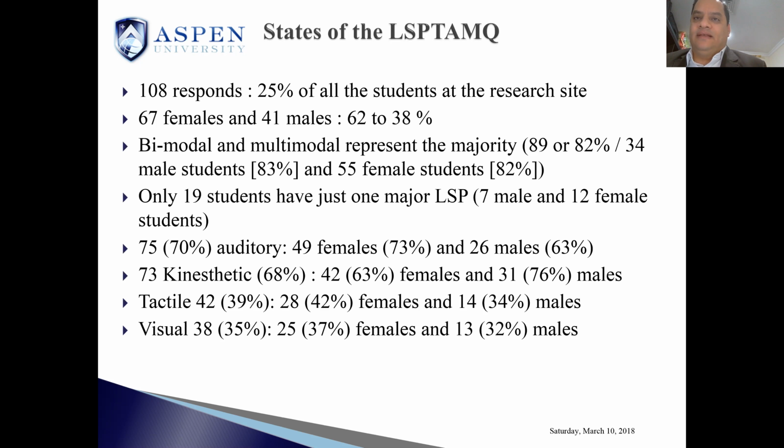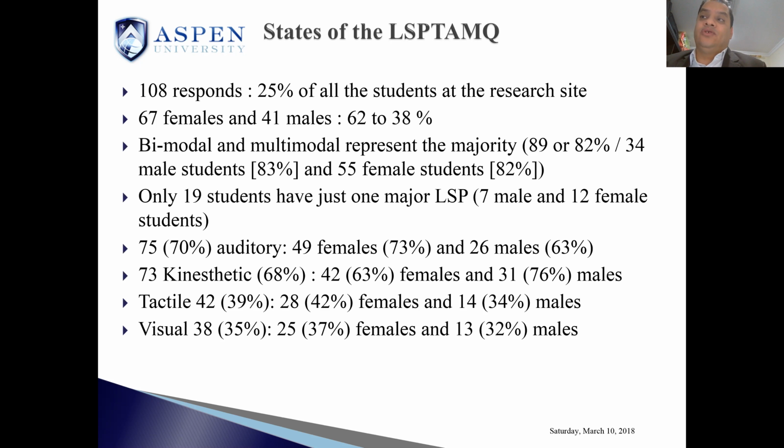and 38% males. As for the bimodal or multimodal students, those who have more than one learning style preference regarding perceptual learning styles, 89 students out of the 108 have more than one learning style preference. 34 are male, which is 83% of the total number of males, and 55 are female students, which is 82%.